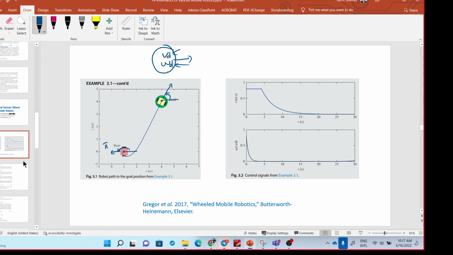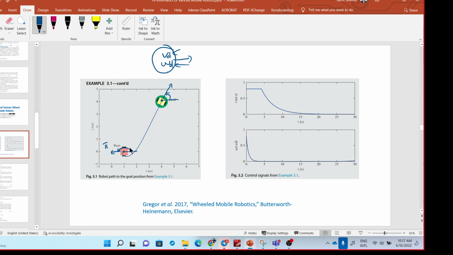Then for this lecture, the control is just to find the trajectory or path and controlling parameter such that it can reach the goal.